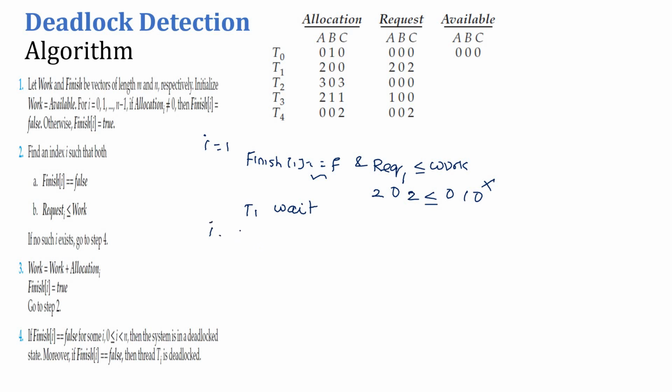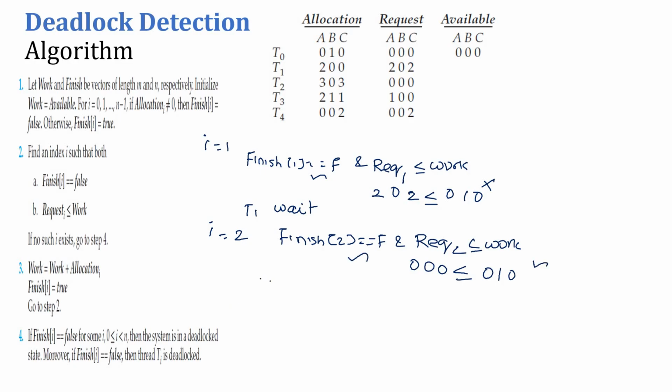And then loop I equal to 2, finish of 2 equal to false, and request of 2 less than or equal to our work. Request of 2 value is 000, less than or equal to 010. Here both the conditions are true.